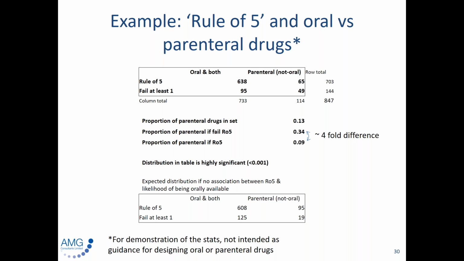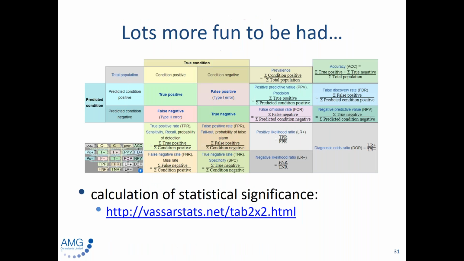Okay, and with confusion matrices, there are a whole lot of lovely things you can do. Lots of other things you can calculate: positive predictive value, false discovery rate, false positive rate, true positive rate, all of that kind of stuff. The test of statistical significance I used is available here. You can calculate it longhand if you want to, but obviously everything's available online as well. Okay, so that's looking at the confusion matrix.